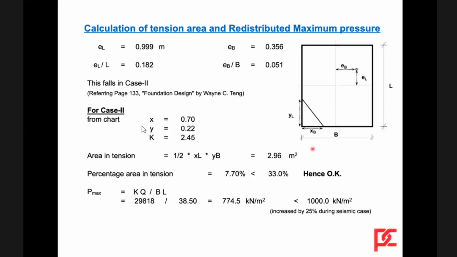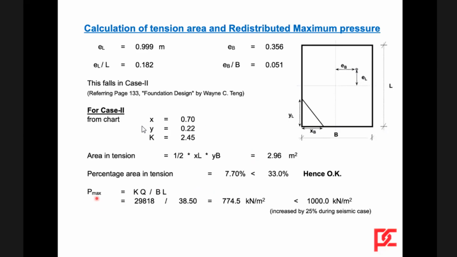Using this, we find that 7.7% of the area is going in tension, which is less than 33%, which is allowed in the code. Because this much area is losing contact with the soil, the maximum pressure gets enhanced and redistributed, which is calculated using the formulas given there.